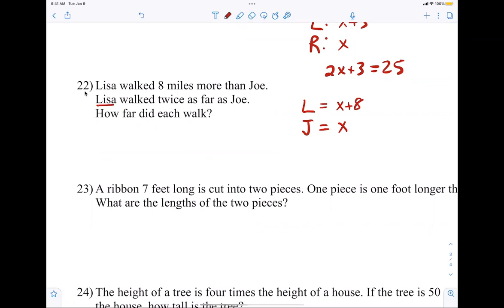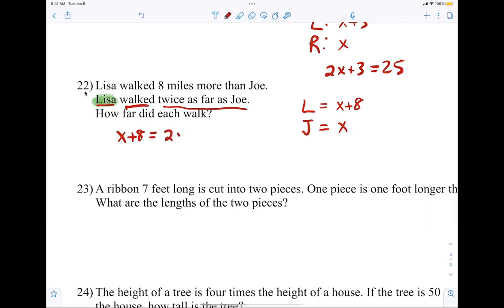Read this. Now this is hard. You got the hard one. So now I'm trying to show everyone. Lisa. Who is Lisa? What does Lisa represent? Walked. So that means she is equal to what? 2x.